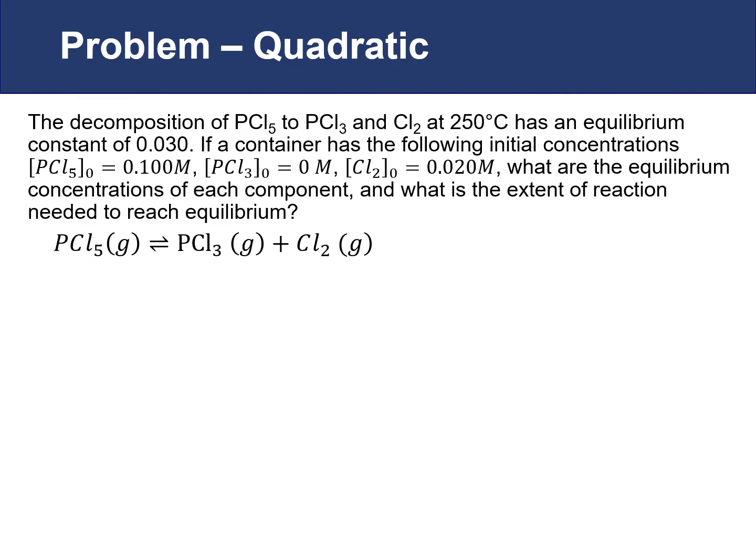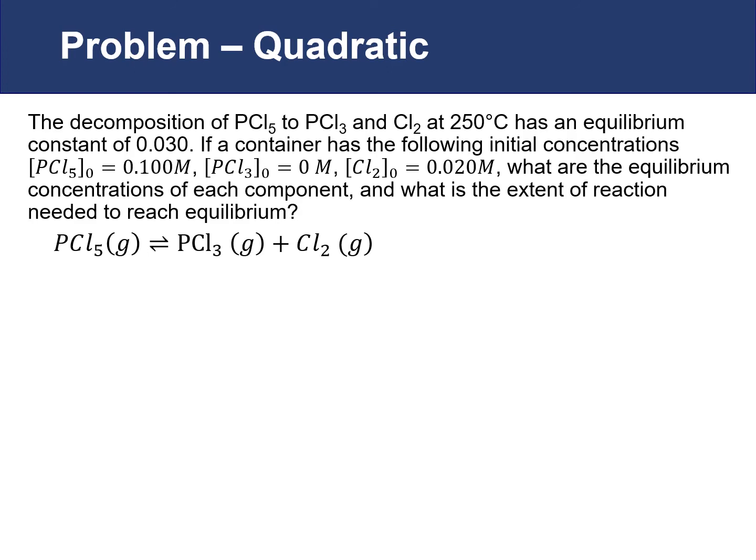Let's now work through a problem that we will eventually find requires the use of the quadratic equation. However, we will approach this as though it was any other problem. So, we are looking at the decomposition of PCl5 to PCl3 plus Cl2 at 250 degrees Celsius. It has an equilibrium constant of 0.030.